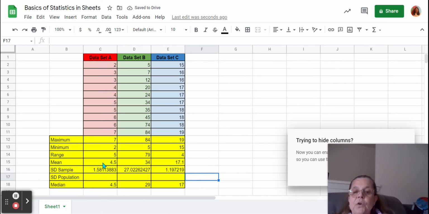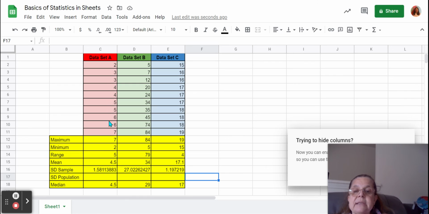So this first one, the average distance that every value is from the mean of 4.5 is 1.6. This last one, where you see the range is only 4, the standard deviation is about 1.2, meaning these are all clumped together. These are very, very tight together.